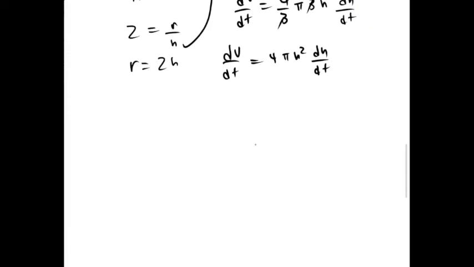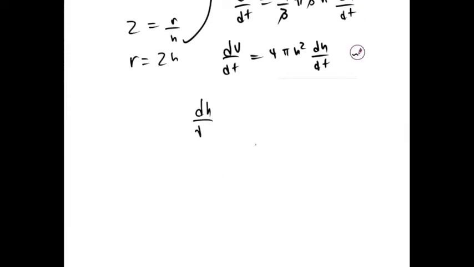We're solving for dh/dt, so dh/dt equals dV/dt times 1 over 4 pi h squared.